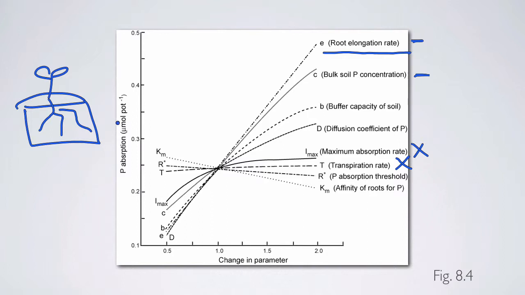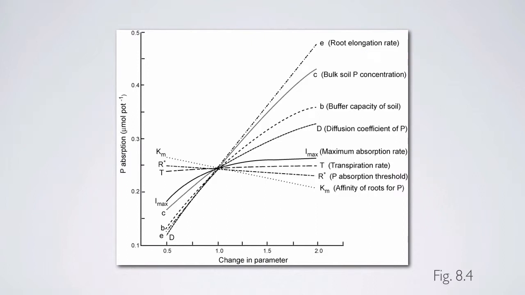In a situation where you have a young plant in a pot, root elongation allows plants to explore more of the soil. And so this is really an index of the ability to explore the soil. Most important really are these factors here, is thinking about what's not important. And transpiration rate and maximum absorption rate are not. Total root length is, but up to a certain point. And we're going to talk about when root length doesn't become important.